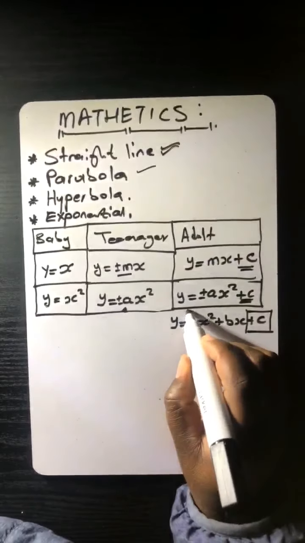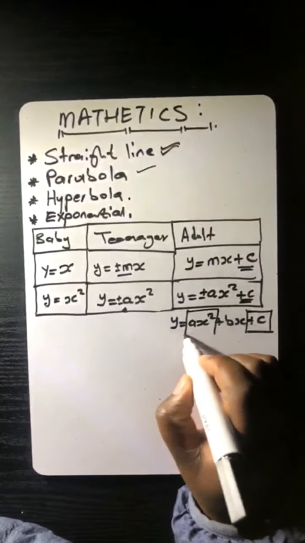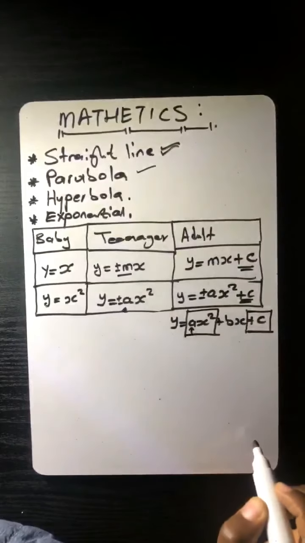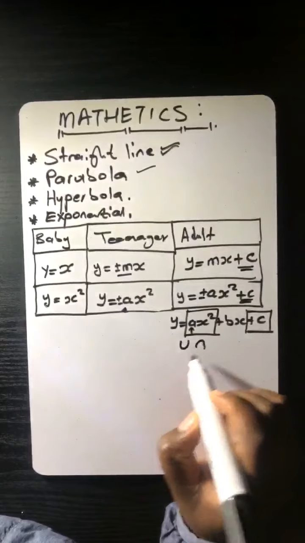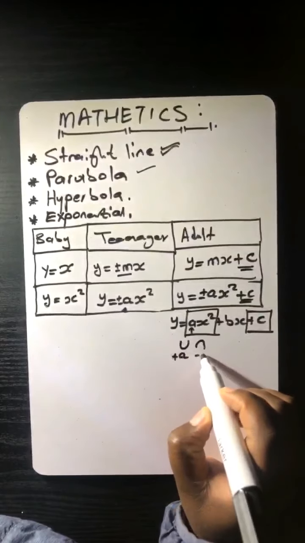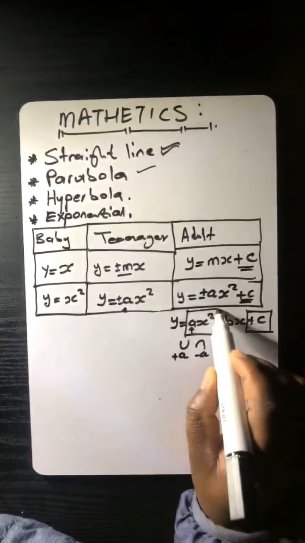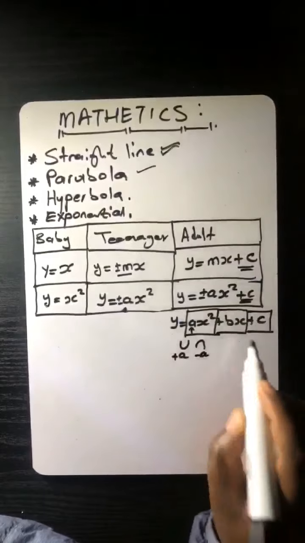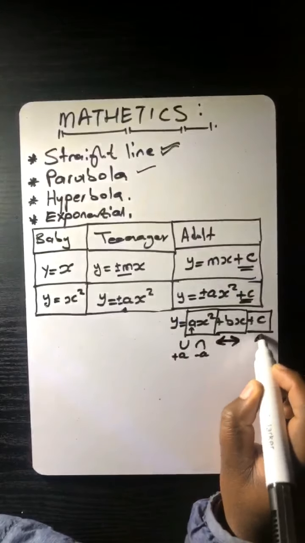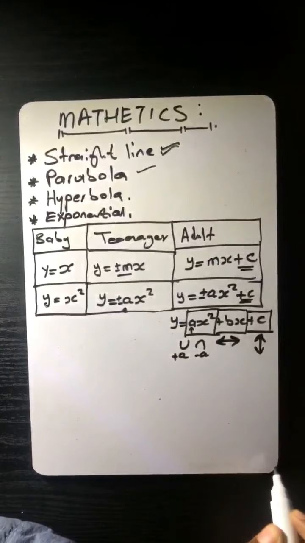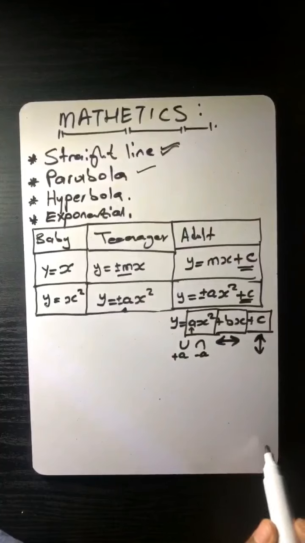And we know that the a value has a greater influence on the shape being a smiling or a negative shape. So can you see this one, ladies and gentlemen? That's what I mean by the sideways movement, and this one, the c value, the up and down movement. I hope you guys understand that.